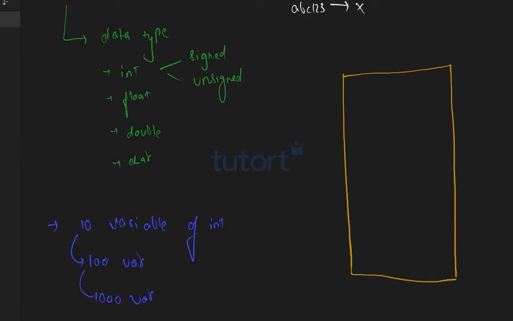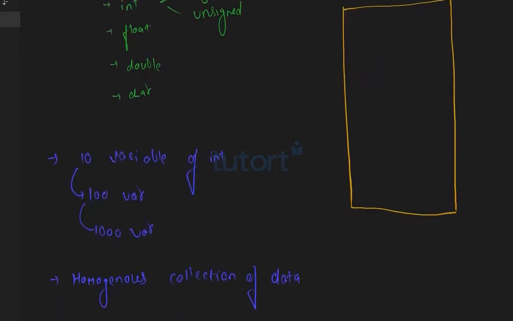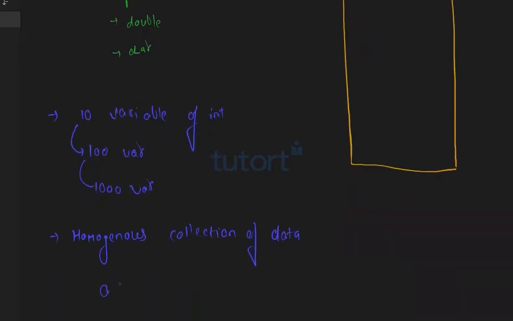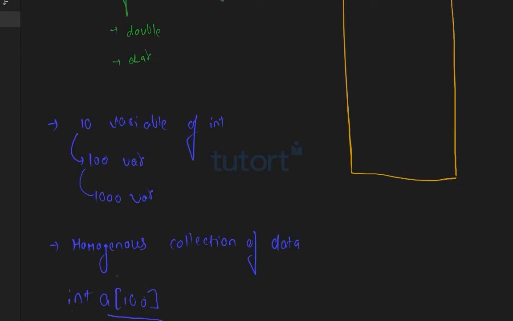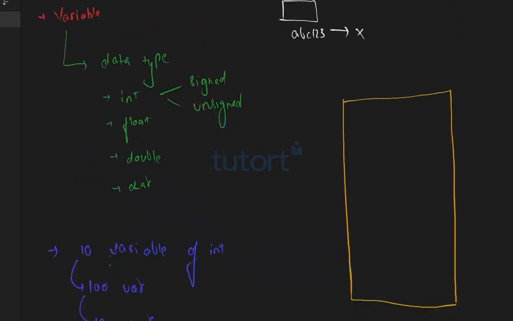You can define a single array like this: int a of 100. It means you have memory for 100 elements of integer type. You don't have to define 100 variables to do that. The simple array of 100 is fine.